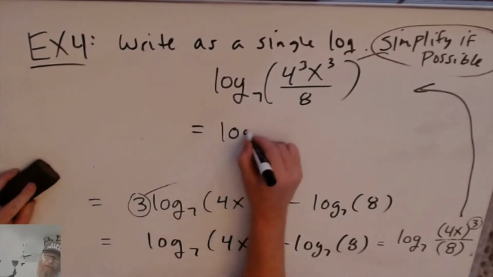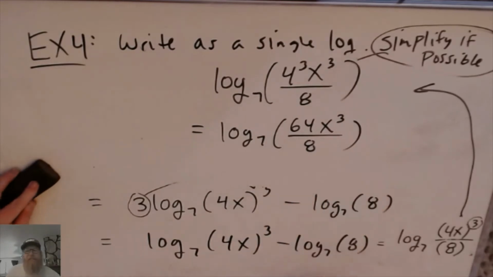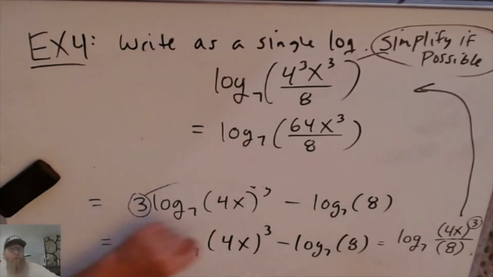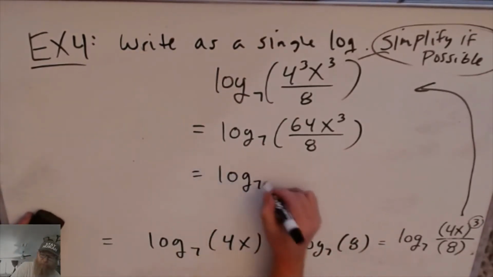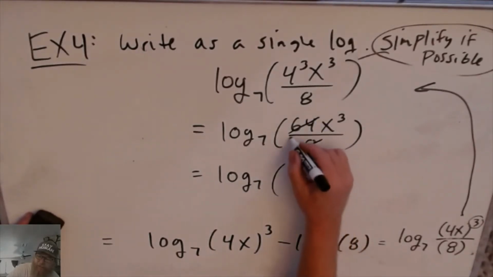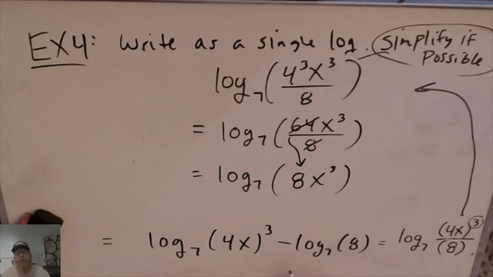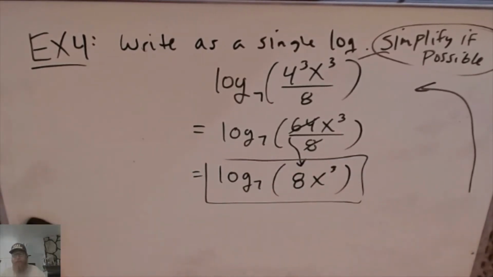So now you get log base 7 of 64 x cubed over 8. 4 times 4 times 4 is 64, and then 64 divided by 8 is 8. And there you go. That's a 3. I'm not sure if that's clear.